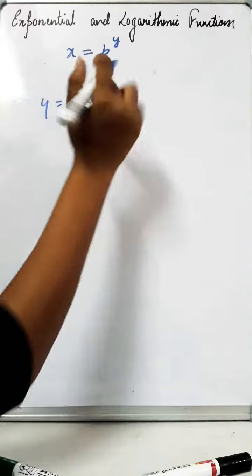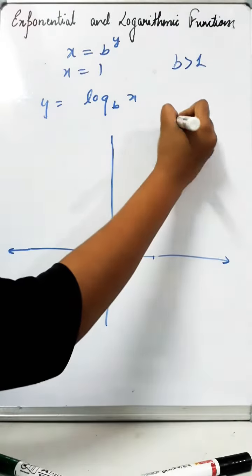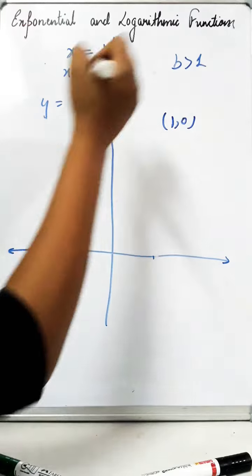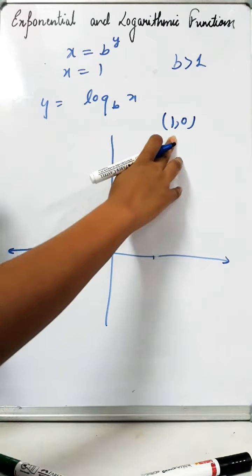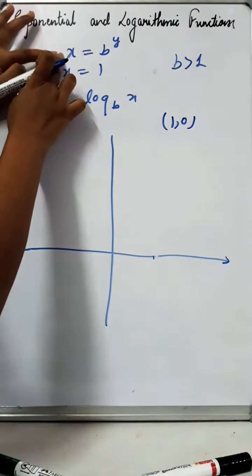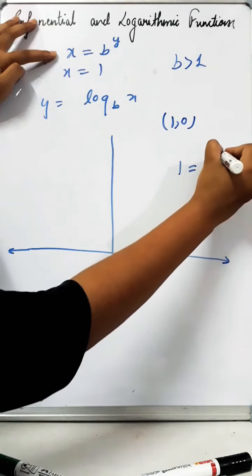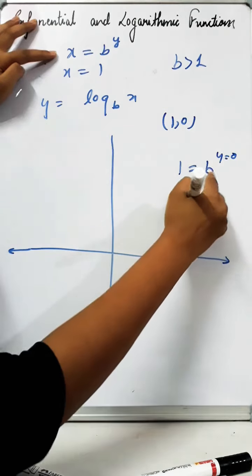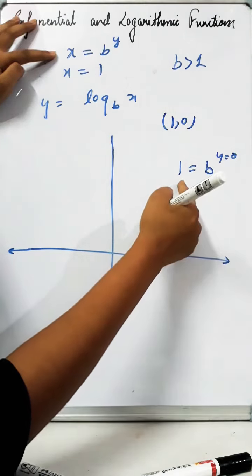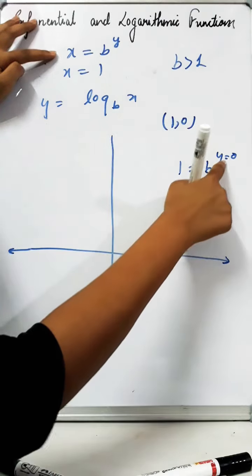Alright, so you see the graph of log function. Now here your point 1, 0 is going to play a vital role. How? See, if you put x as 1, then y ultimately has to be 0, because anything raised to the power 0 is 1, right? And b cannot be 1. This is our constant, so y has to be 0.